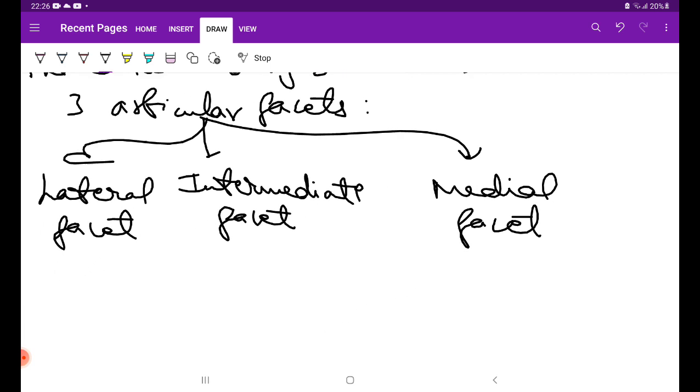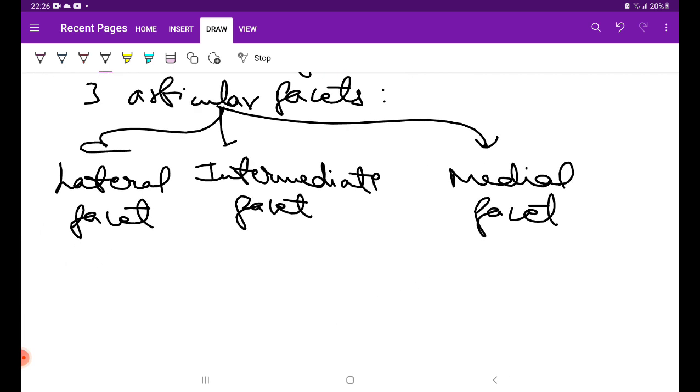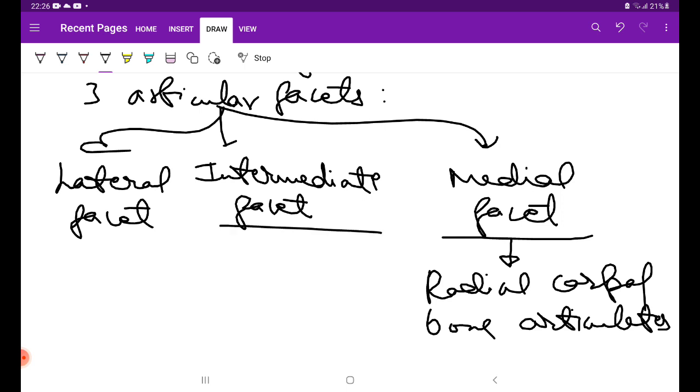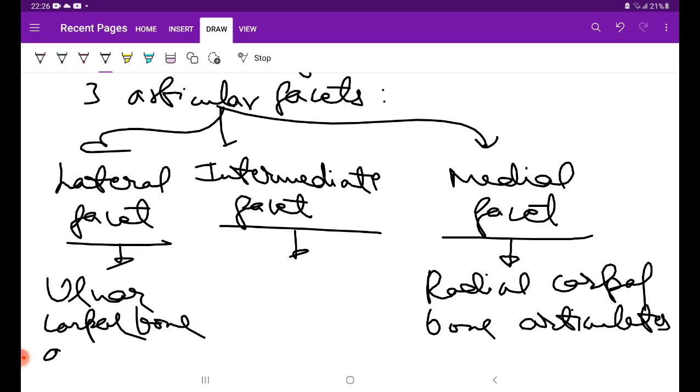At the medial facet, the radial carpal bone articulates. Next, at the lateral, the ulnar carpal bone articulates.